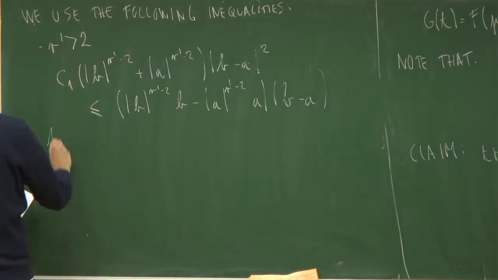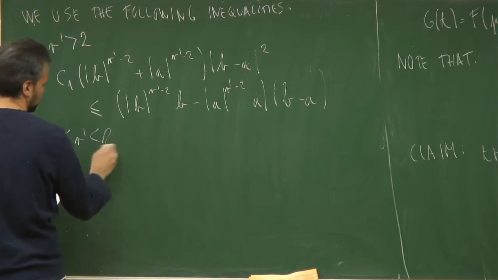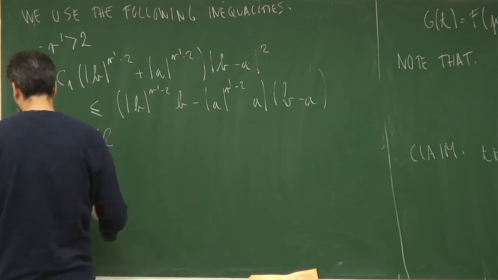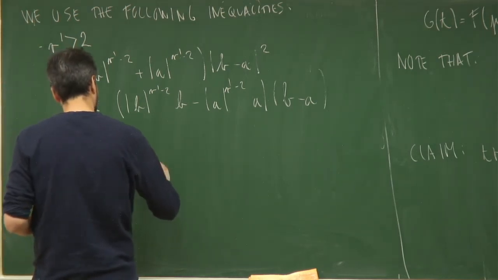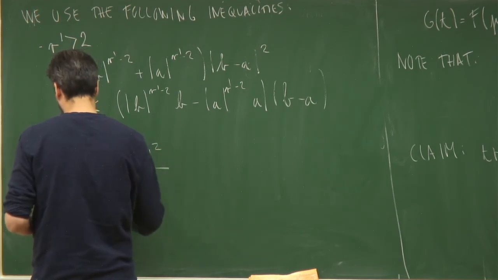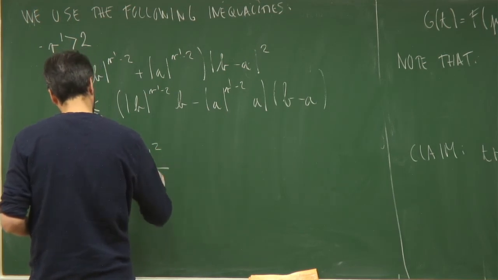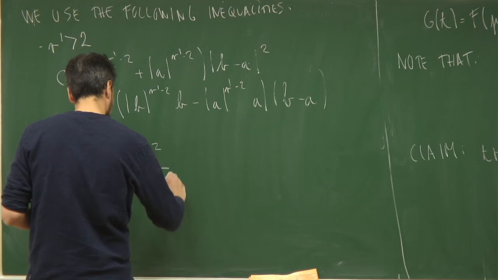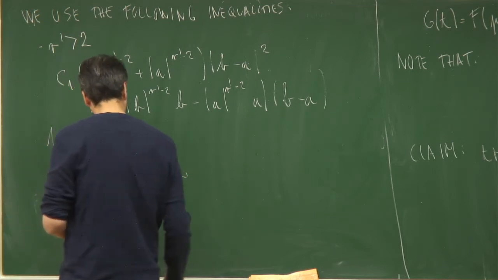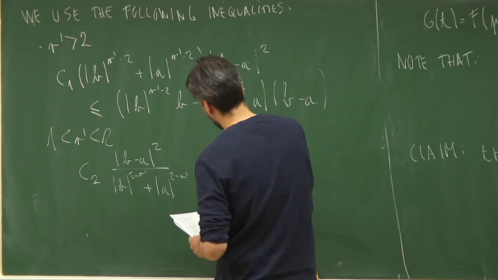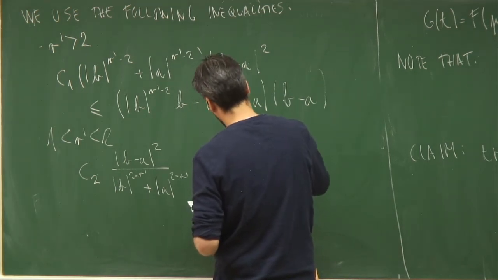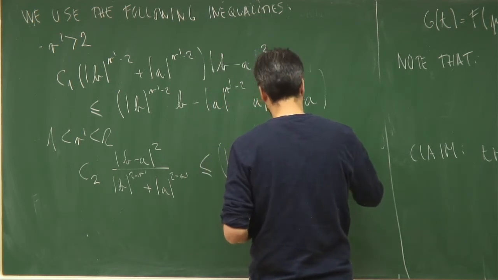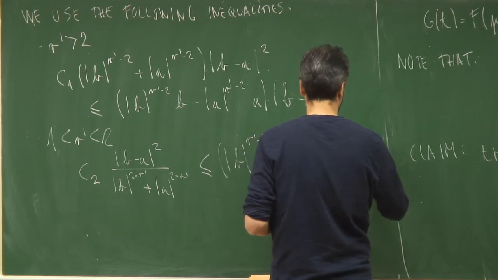And for the case when r is between 1 and 2, you have the pseudoplastic fluids. So here you have C2 times |B − A| squared over (|B| + |A|)^(2−r), a quite different inequality, less than or equal to (|B|^(r−2)B − |A|^(r−2)A)·(B − A).